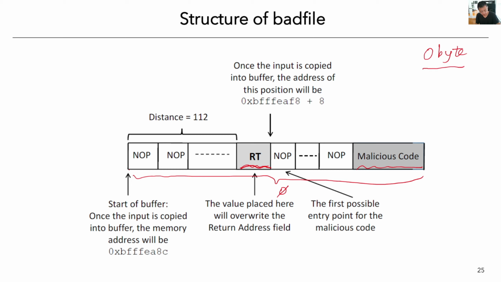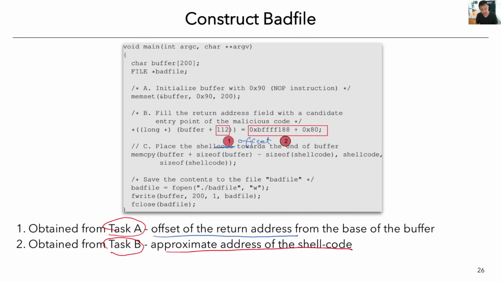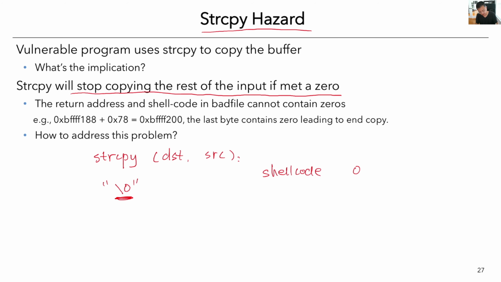One thing you can do is leverage the loop sled. If pointing to here has a 0, you can point somewhere else, and then it will not have a 0 byte. This is one of the adjustments you can make with the loop sled, and this is why the loop sled is useful.